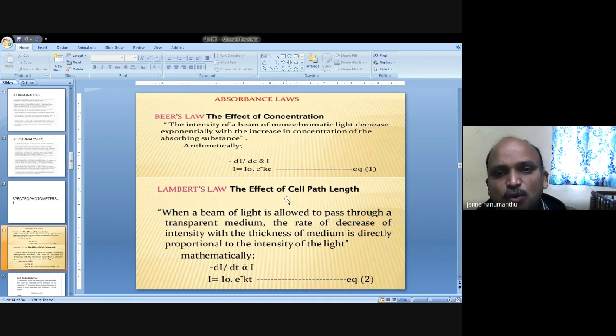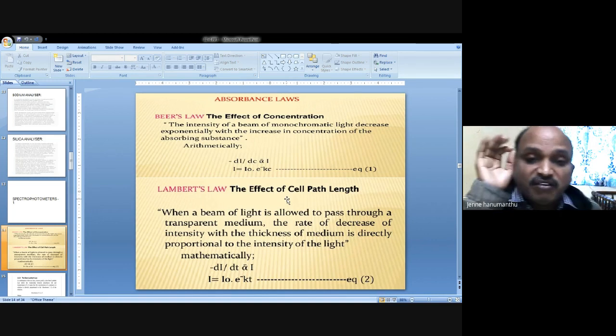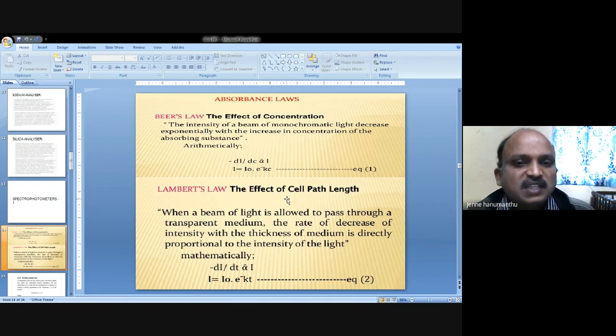If it is low, it means high absorption and high concentration in the sample. That is the effect of concentration. In very simple terms, if the sample concentration is high, maximum light is absorbed, so less light intensity is transmitted out. That is Beer's law.